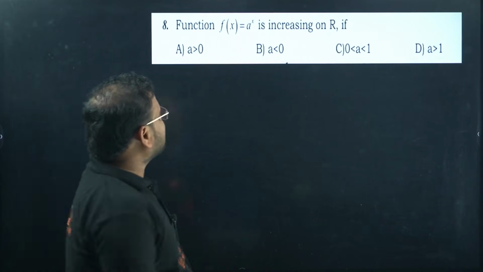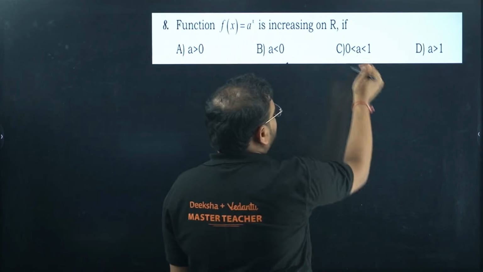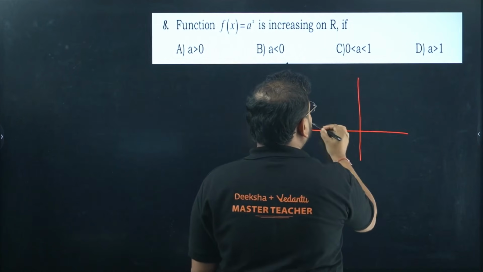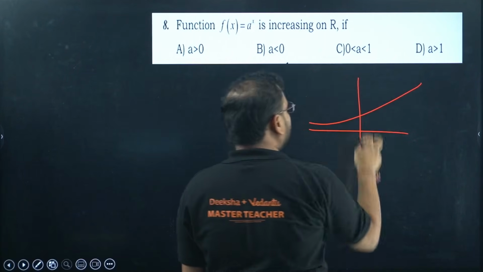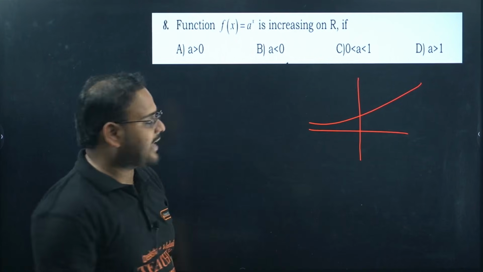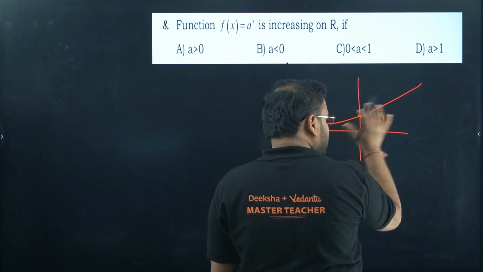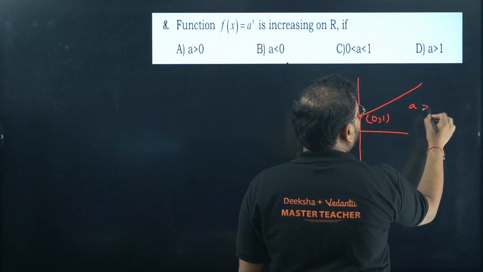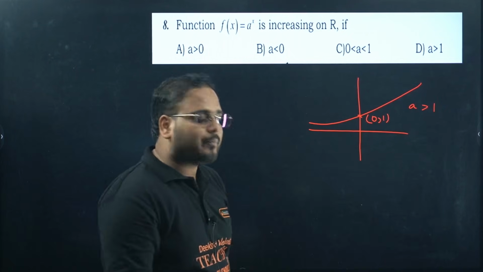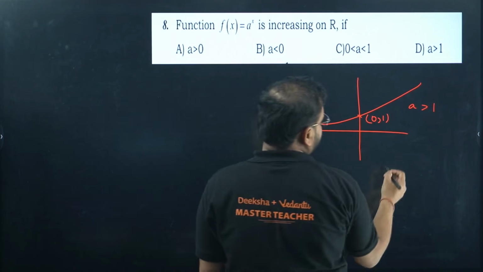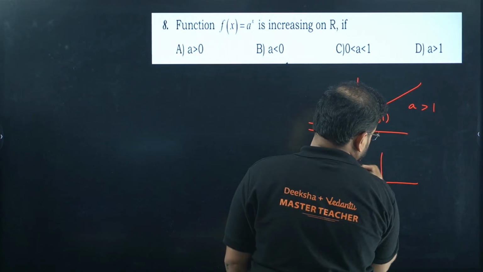We have function given as exponential function. I'm looking for increasing part. This is increasing only when the function goes like this. Remember, this is the graph of exponential function when x is 0, y is 1, this point is 0, 1. This only happens when the base is always more than 1, right? Because for base less than 1, the graph goes like this.